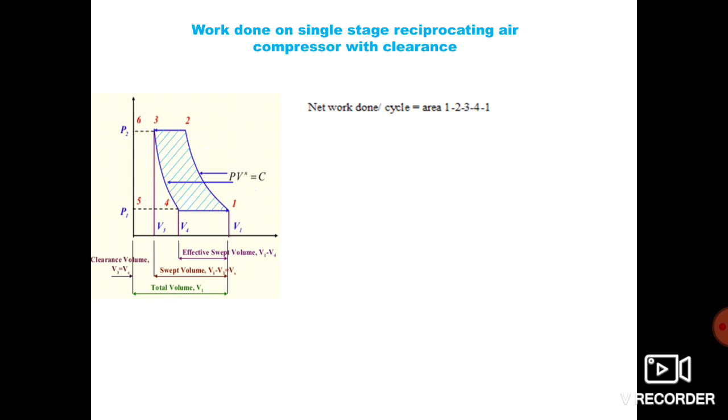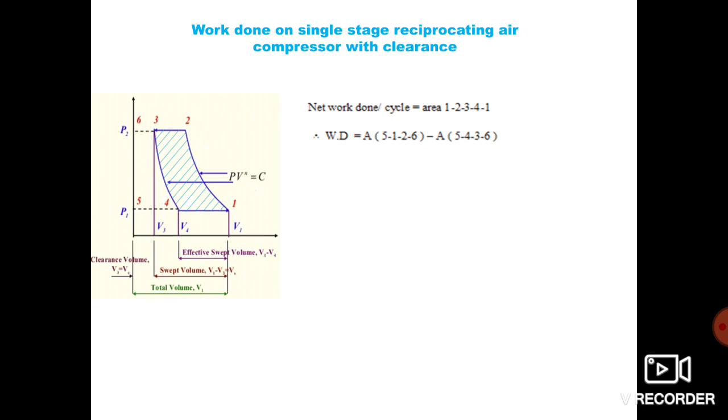So let us find the net work done for the PV diagram. Therefore, net work done per cycle is equal to area 1, 2, 3, 4, 1. This is shown by the shaded area in the PV diagram.